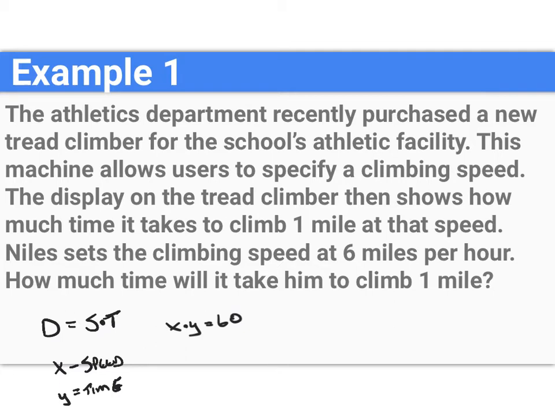Okay, so now let's deal with it. y equals 60 over x, and then we substitute the speed in for x, 6, because there are 60 minutes in a mile, and we get y equals 60 over 6, which equals 10. We get 10 minutes.